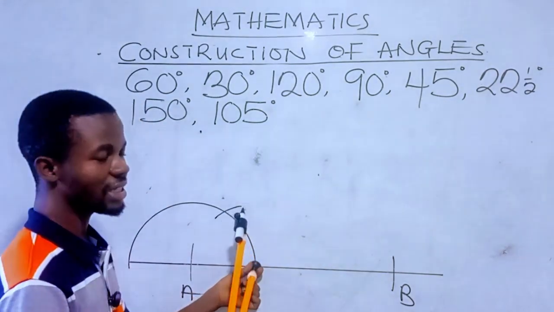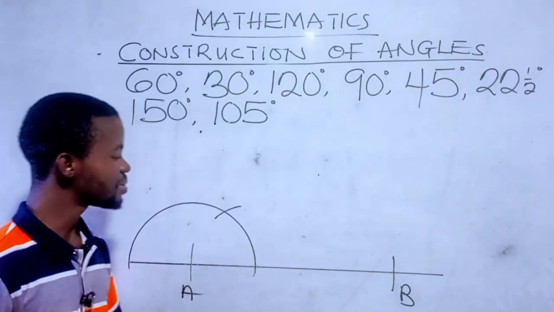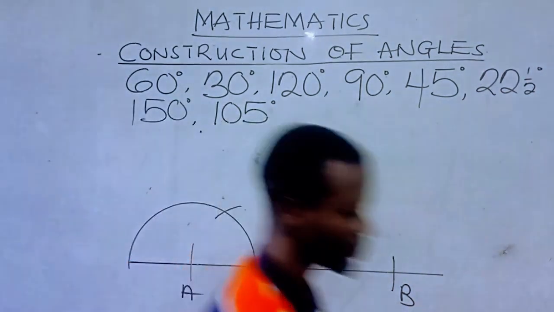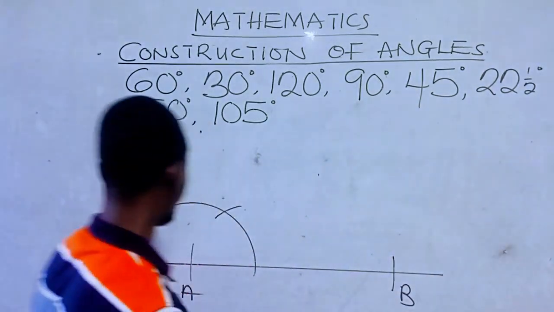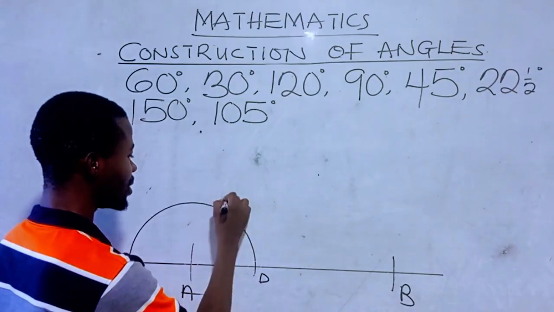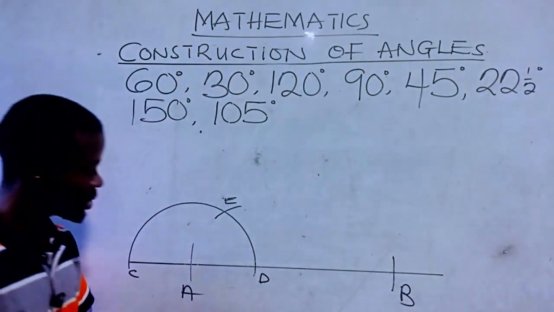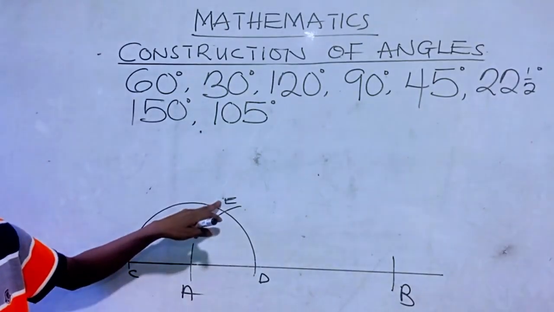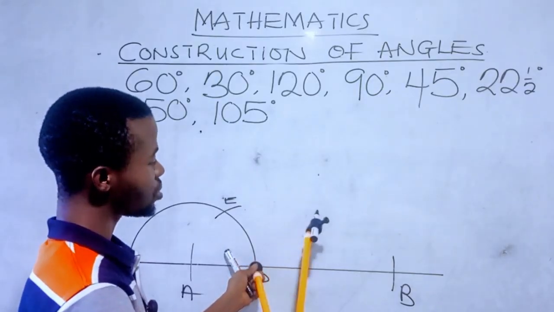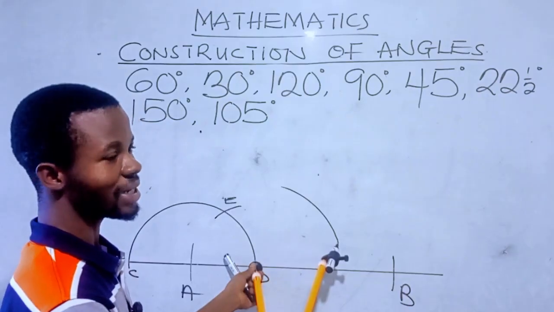This arc is 60 degrees, but we are asked to construct 30 degrees, which means I have to divide this 60 degrees. So if I call here C and I'll call here D and I'll call here E, then I have to divide the angle between D and E. So I'll stand at D, then I'll open to a reasonable radius. I'll make an arc with the same length.